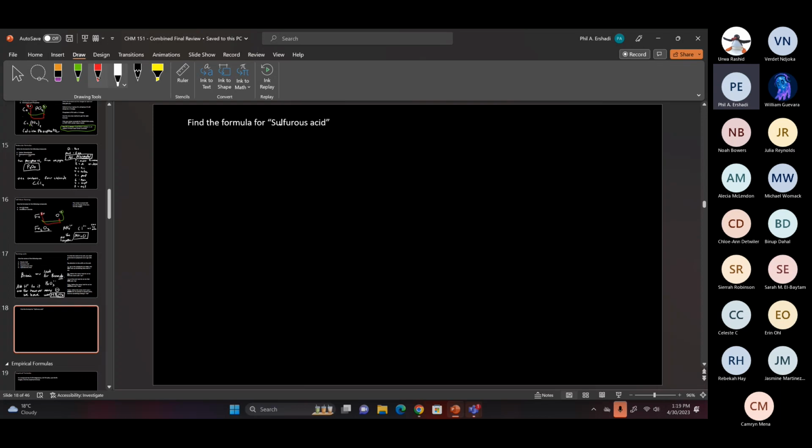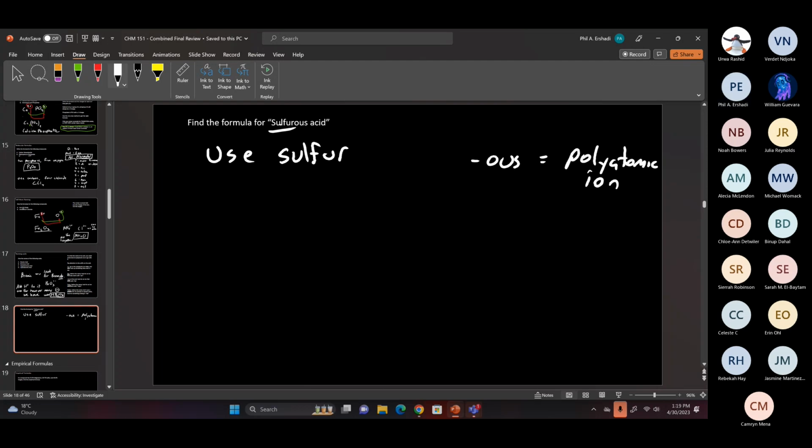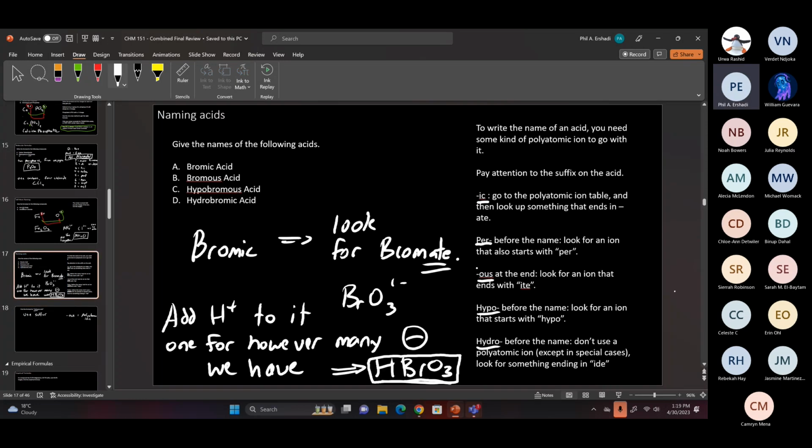So sulfurous acid, we know we're going to have sulfur in there. But the OUS means we have a polyatomic ion. Now let's have a look at our guidelines. Our OUS guidelines, we're going to look for a polyatomic ion that ends in ite.